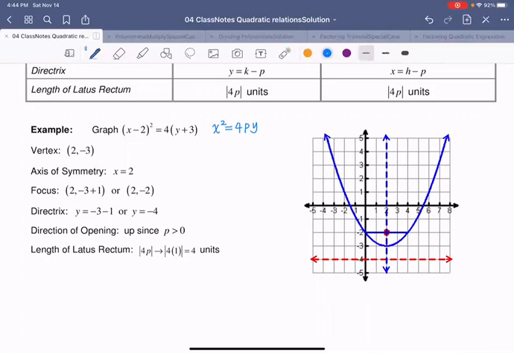I treat this point as my center. Then 4py. I don't care about the inside first; I will take care of it later. This is a 4, so that means my p equals 1. 4p equals 4.